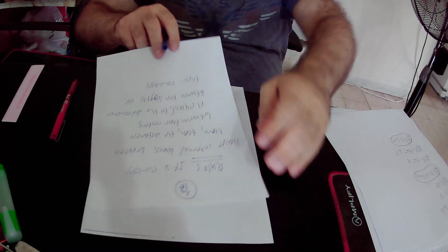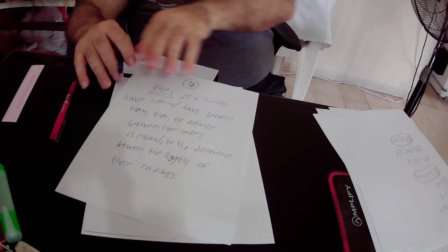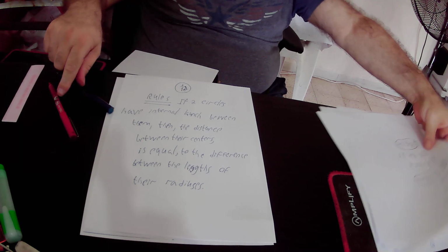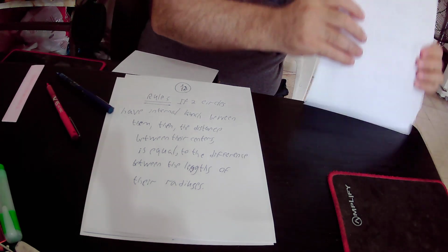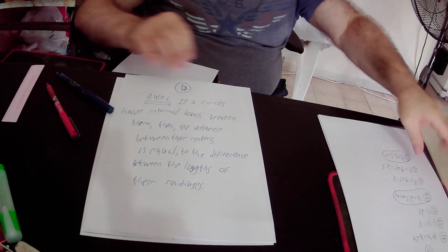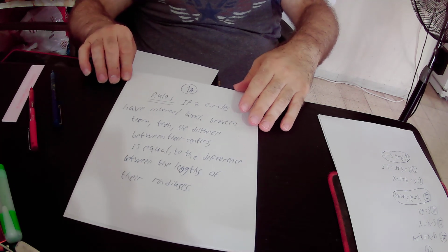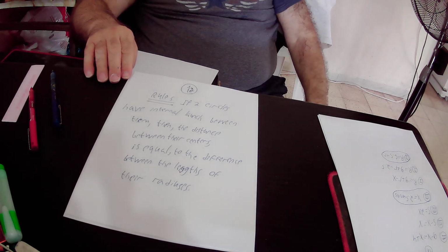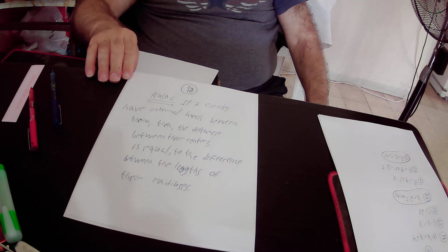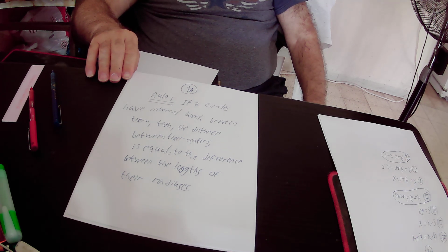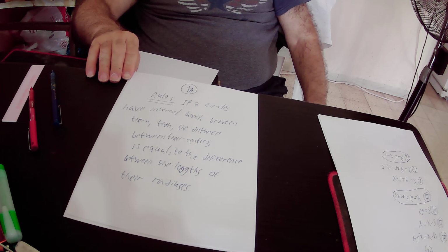So I will read rule number 5 again. Rule number 5 states that if two circles have internal tangency between them, then the distance between their centers is equal to the difference between the lengths of their radiuses.